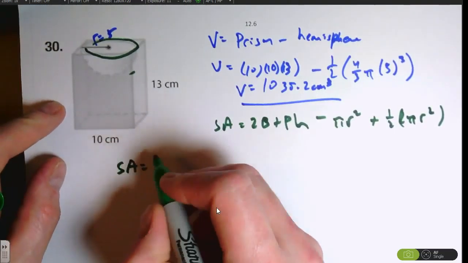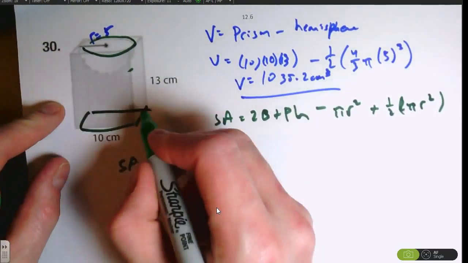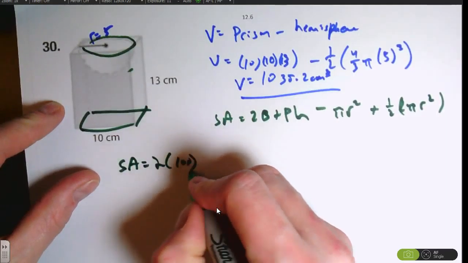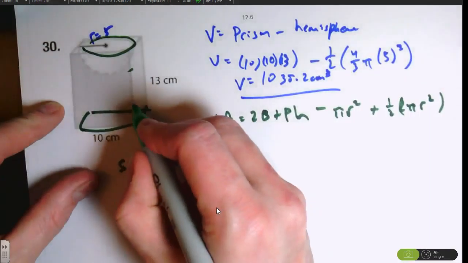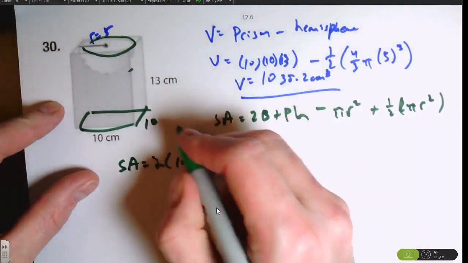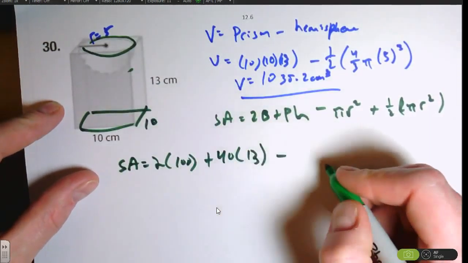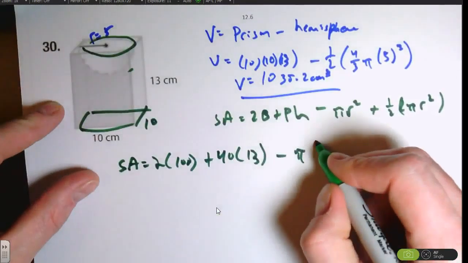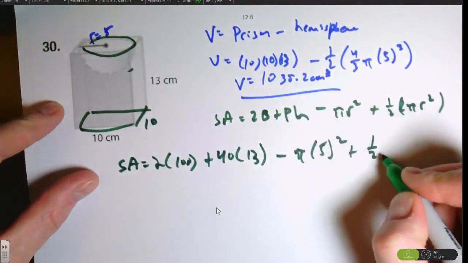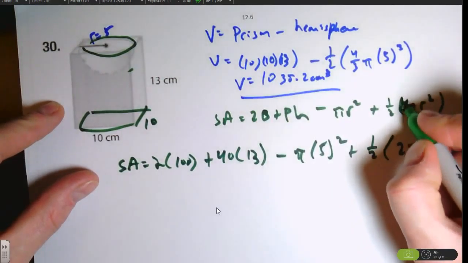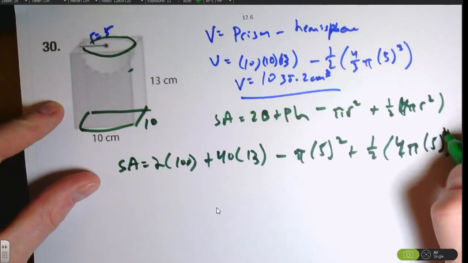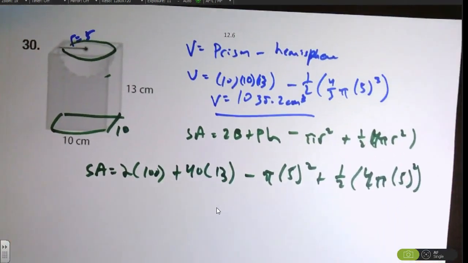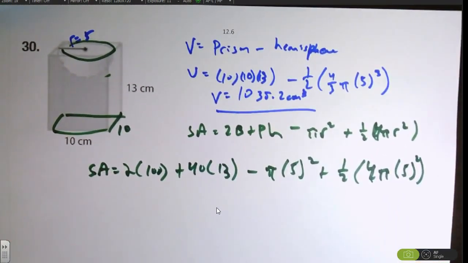Now, the base is 10 by 10. So it's 2 times 100 plus perimeter. Well, that's 40 because it's 10 plus 10 plus 10 plus 10. So 40 times 13 minus pi times 5 squared plus 1/2 of 4 pi r squared, which is 5 squared. Oh sorry, it should be 4. So there's a whole mess of stuff to do there. Now we throw it all into the calculator.